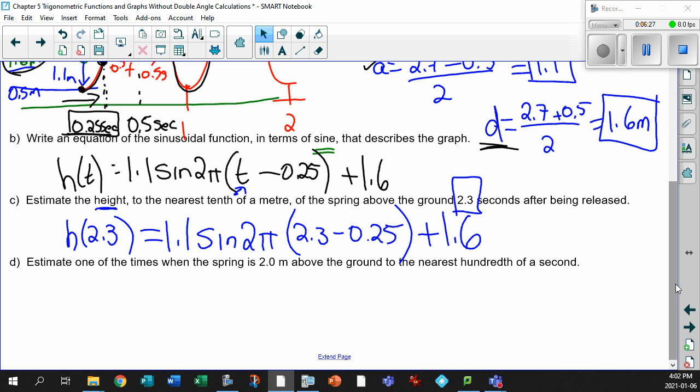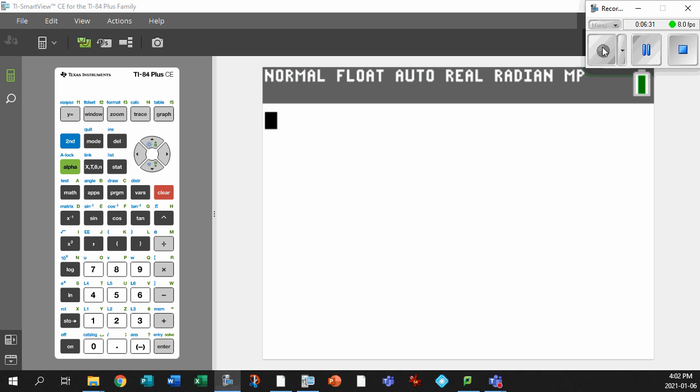Okay, let's bring up our calculator and start punching it in. 1.1 sine. Don't forget, you got your 2 pi there. So second, oh, wait, hold it. We don't want a second yet. We want our 2 in there first. Then pi. Got it. Okay. Bracket. There's your x. Now, wait, what was your x?